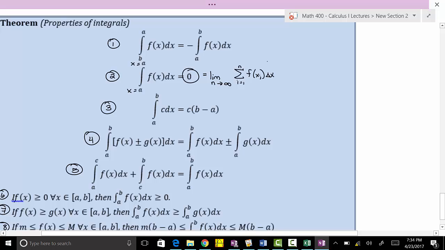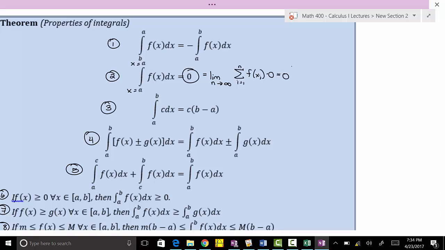But delta x is the difference between the top and the bottom limits divided by n. The difference between the top and bottom is 0, so delta x is actually 0. So you just have 0 times a summation, and that is 0. You're done.